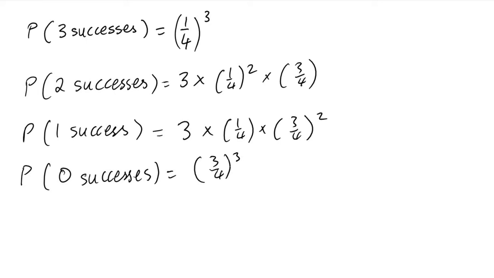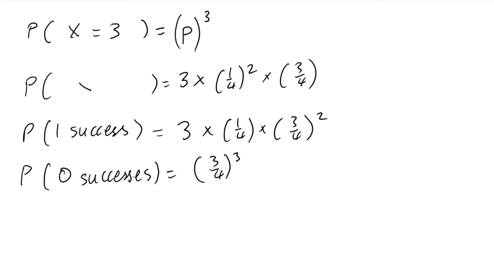Let's do some generalizing here. X is a successful event, flipping heads. So let's change this to say x equals 3. And let's change the probability to p, the probability of success.